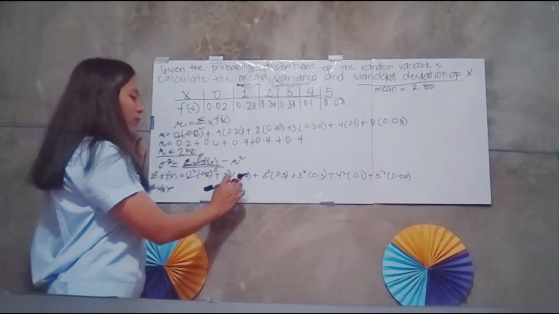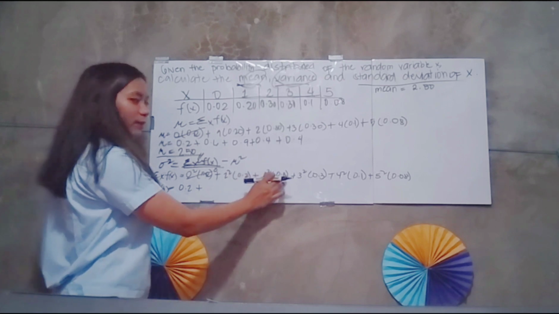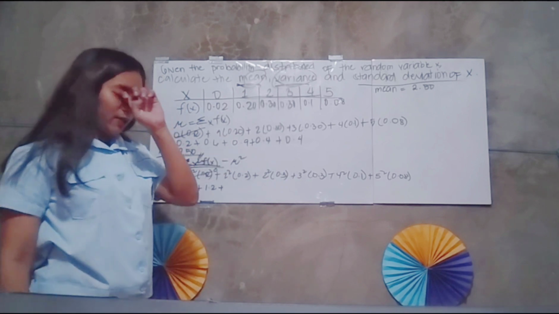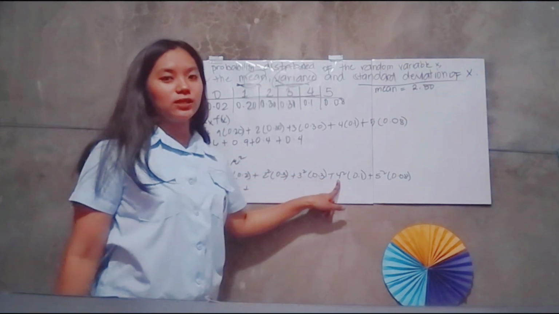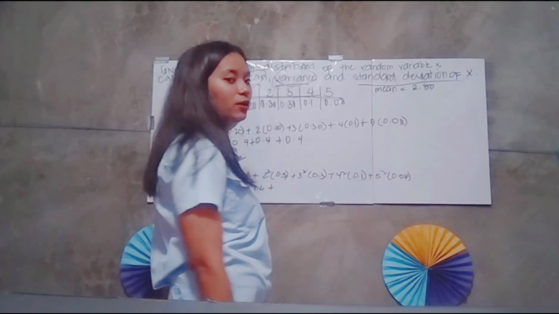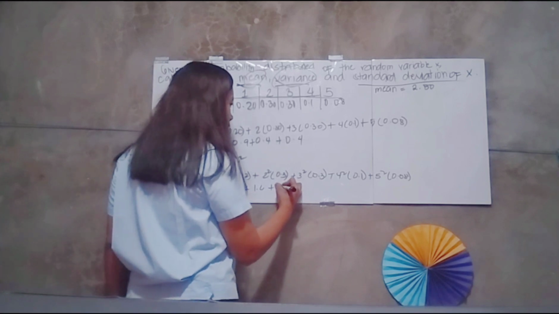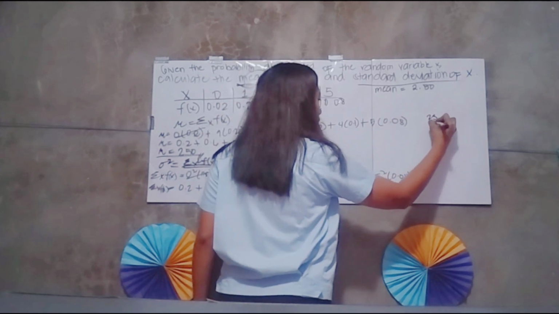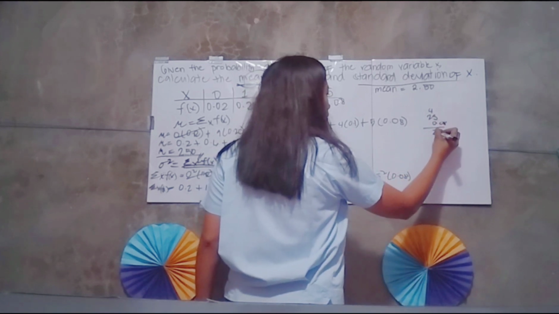1 squared is equal to 1 multiplied by 0.2 is equal to 0.2, plus 2 squared is equal to 4 multiplied by 0.3 is equal to 1.2, plus 3 squared is equal to 9 multiplied by 0.3 is equal to 2.7, plus 4 squared is equal to 16 multiplied by 0.1 is equal to 1.6, plus 5 squared is equal to 25 multiplied by 0.08 is equal to 2.